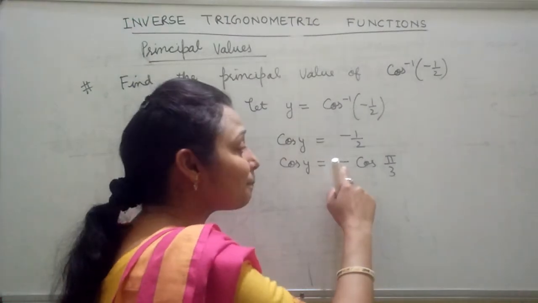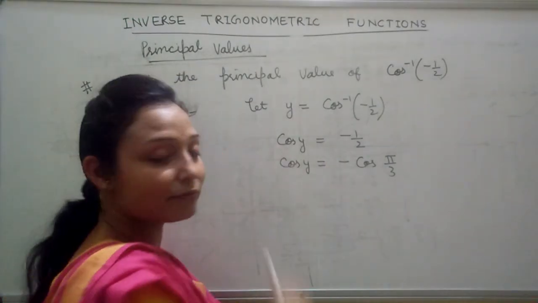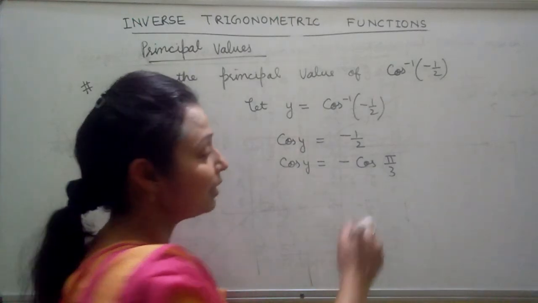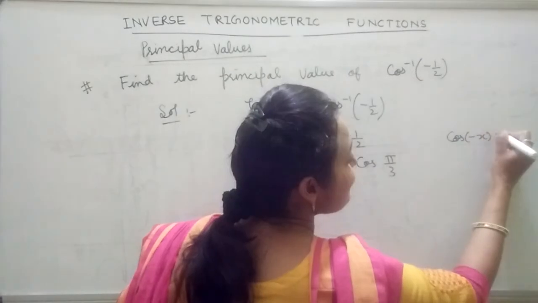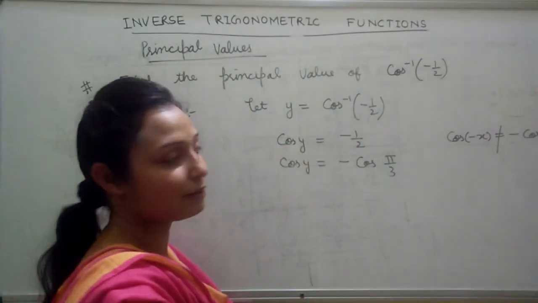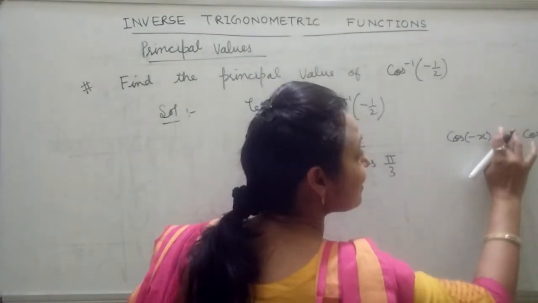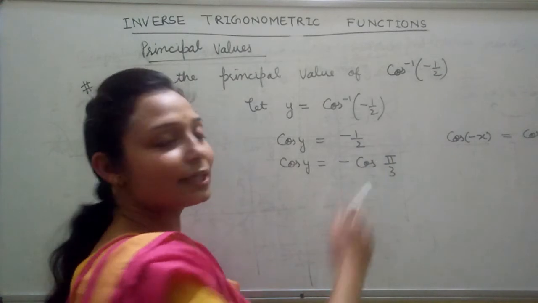But what will happen to this negative? After cancellation, this negative we can get the value of y. Minus cos x equals cos of minus x is not applicable, because it holds only for positive x. So I will not take this negative inside.